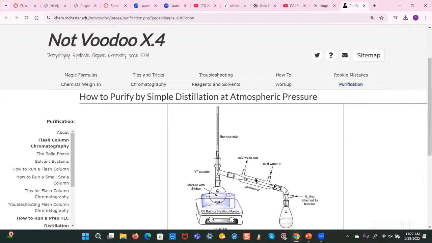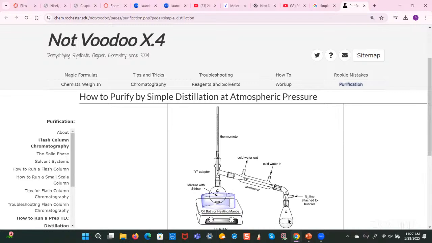It will condense. And then the condensed liquid will basically flow down here, and you can collect it down here in the flask at the other end of the setup. So that's basically how distillation works. And this is a simple distillation apparatus.